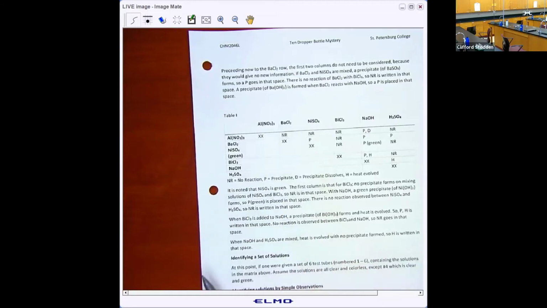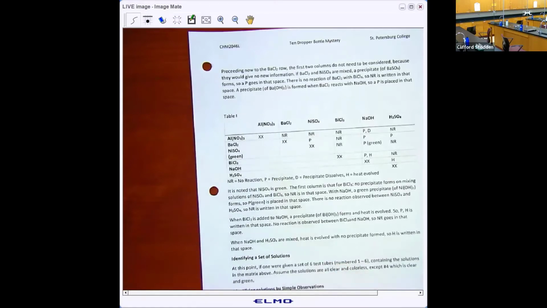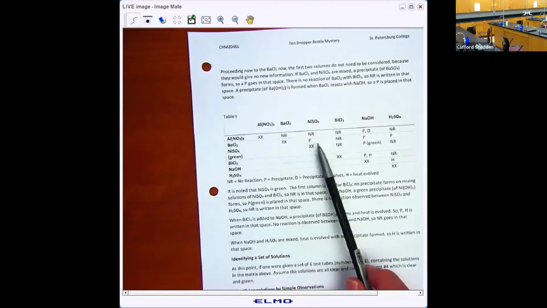So one of those 2 forms a precipitate, and it actually just happens to be the barium with the sulfate. Barium sulfate is insoluble, and that's the precipitate that you would get right there.